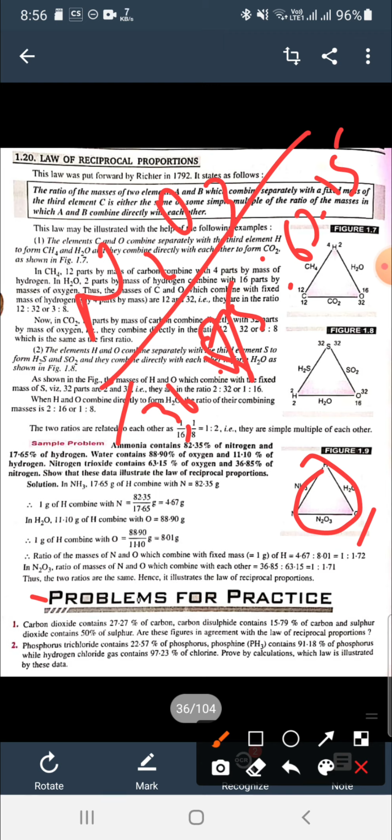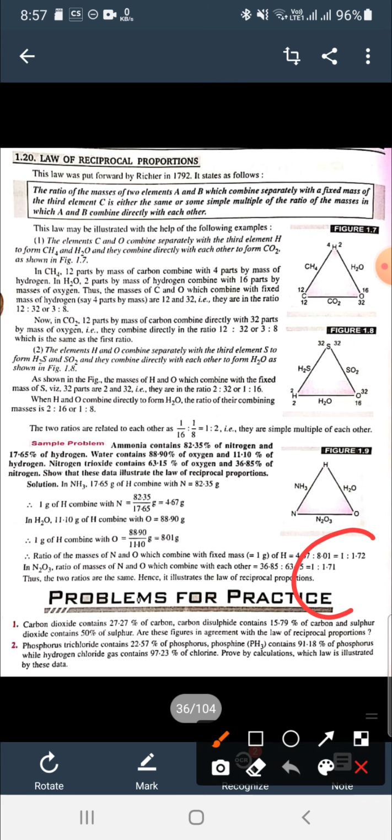So the ratio of the masses of nitrogen and oxygen which combine with each other is 36.85 to 63.15, and the ratio is 1:1.71. So the ratio is exactly the same. You can say 1.71 and 1.72 are the same. So this illustrates the law of reciprocal proportion.